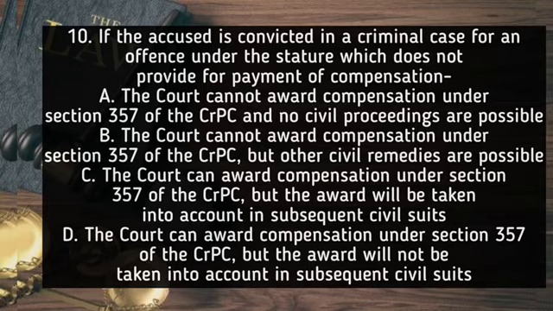Now coming to our 10th question, which is: if the accused is convicted in a criminal case for an offence under the statute which does not provide for payment of compensation. Option A, the court cannot award compensation under section 357 of the CrPC and no civil proceedings are possible. Option B, the court cannot award compensation under section 357 of the CrPC but other civil remedies are possible.